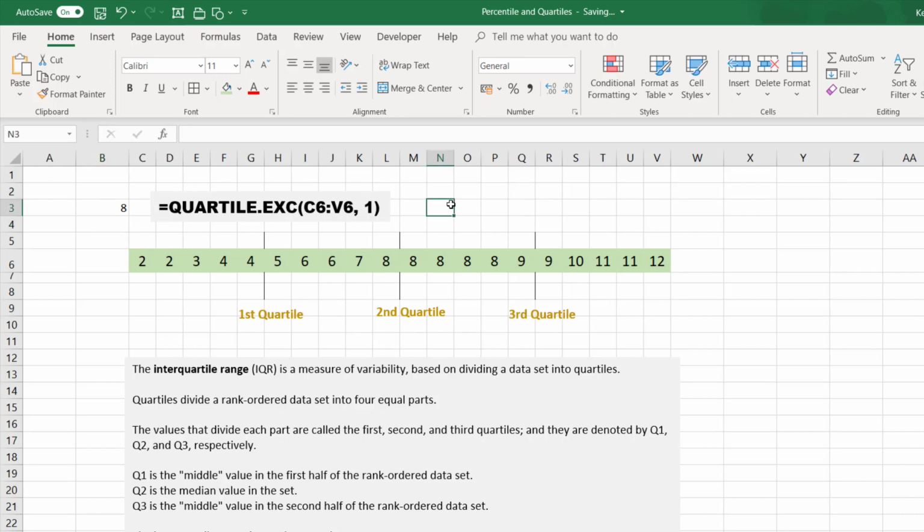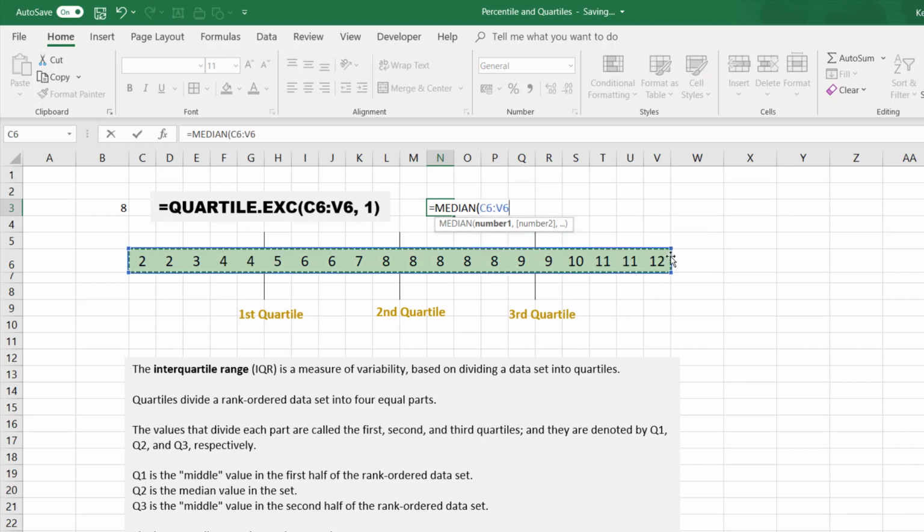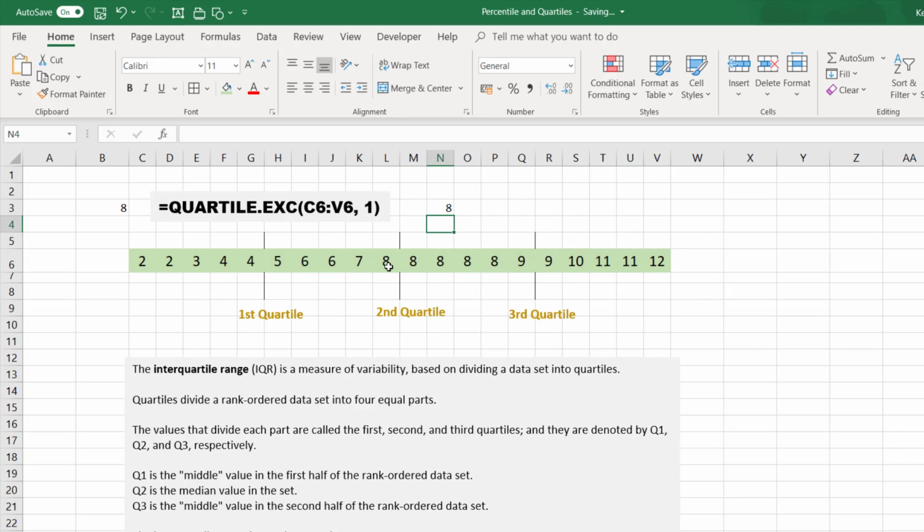The second quartile can also be obtained by using the median because it's already sorted. You want to find the number right in the middle, which is 8 as well. If I put in the 9, it has to be sorted, so we can't really get that, so we use that 8.